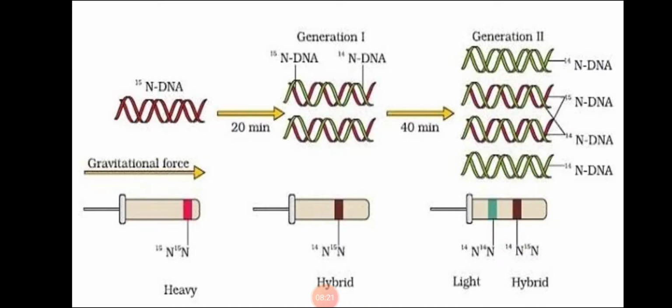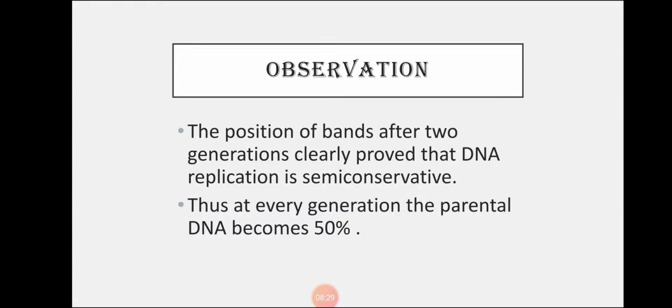So we get hybrid as well as light. We can conclude that the positions of the bands after 2 generations clearly prove that DNA replication is semi-conservative. Thus, at every generation, the parental DNA becomes 50%. In the next generation it reduces to 25%, then 12.5%, then 6.25%. So at every generation we get 50% less of the parent generation.